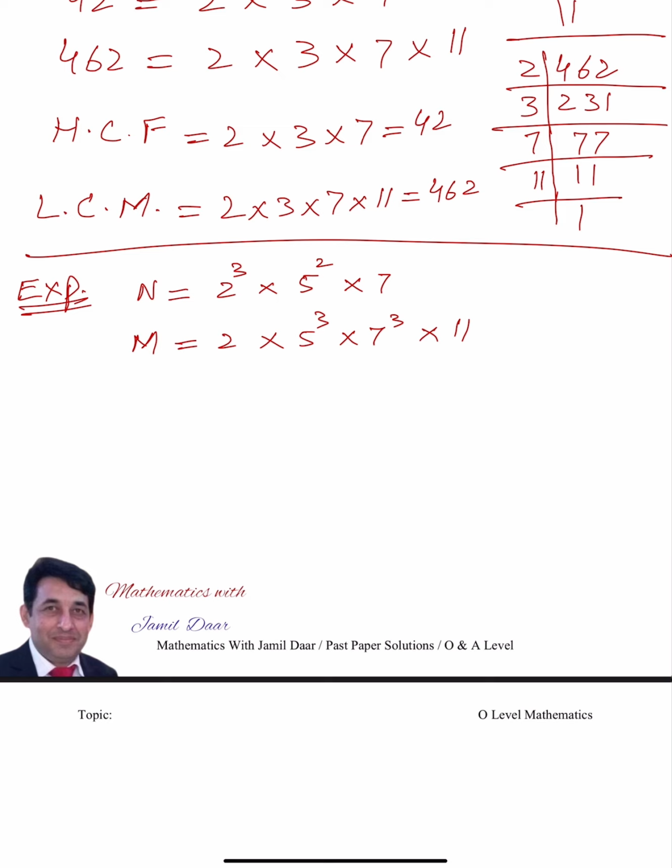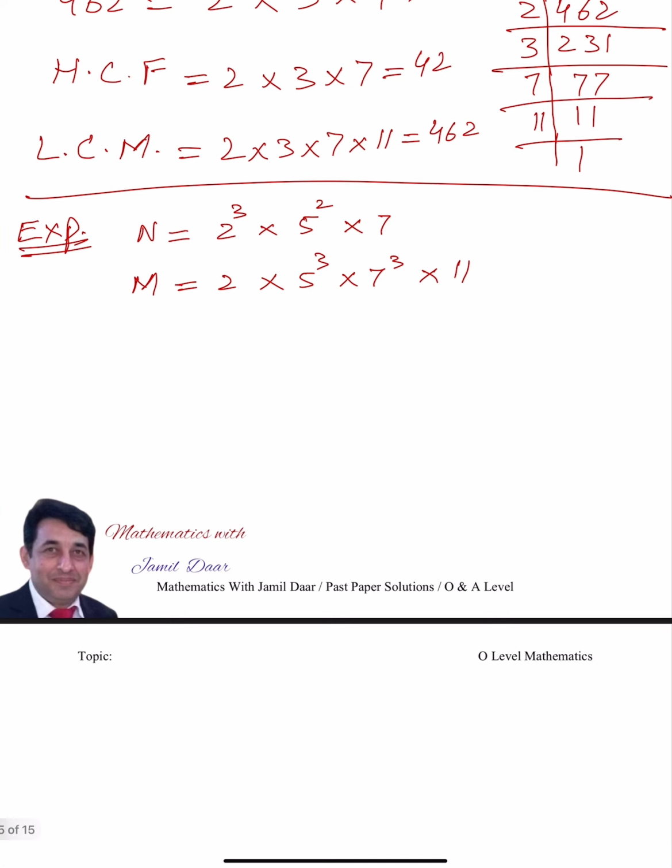So what we are going to do, there are two ways that you can use this. Write N again: 2 cube is 2 into 2 into 2, into 5 into 5, into 7.